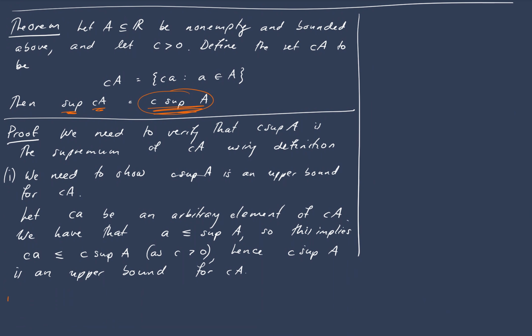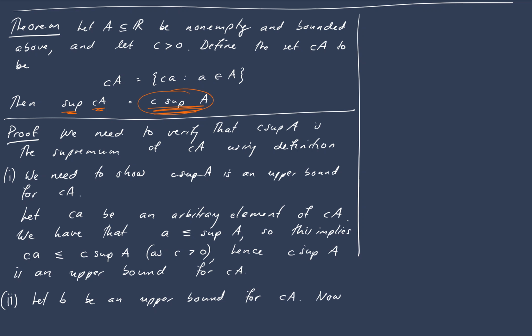Okay, so the standard way to start this part off would be to just pick an arbitrary upper bound of CA. So let B be an upper bound for CA.